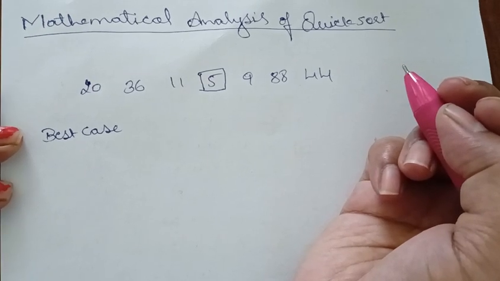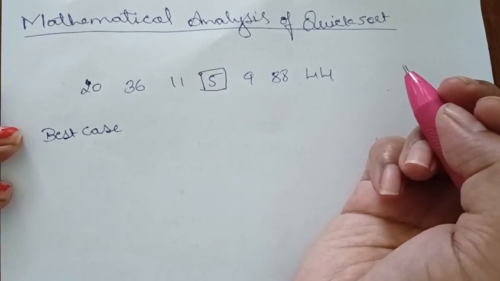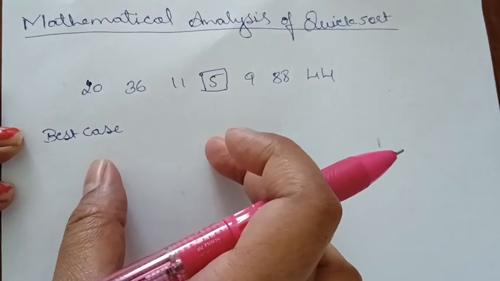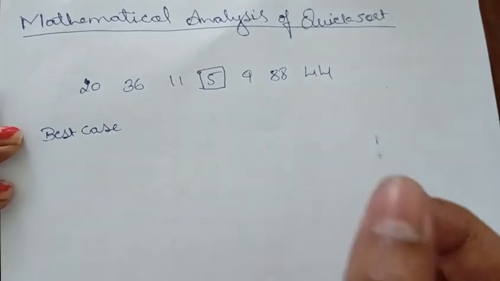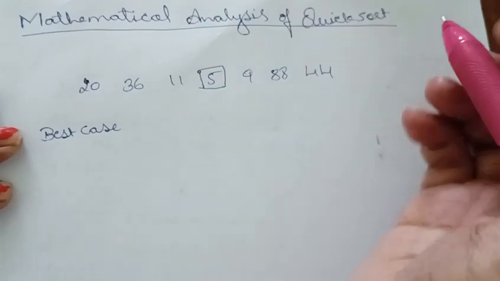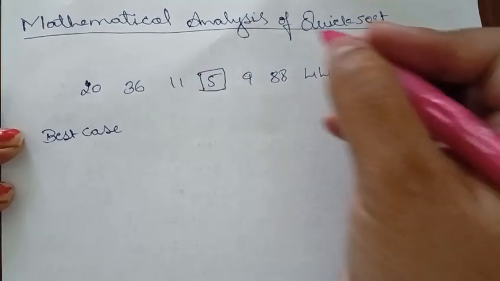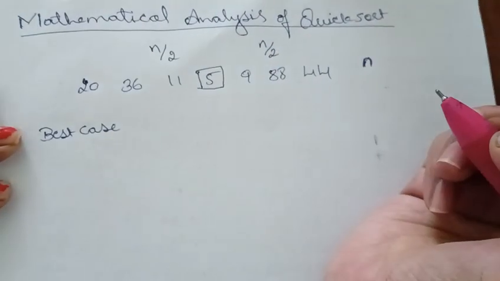Before going for the worst case, I'll tell you the general relation we get for this one. Here I'm dividing the array into two different parts. Totally I'll have n elements. I'm dividing it in the sense this is n by 2 and this is n by 2.